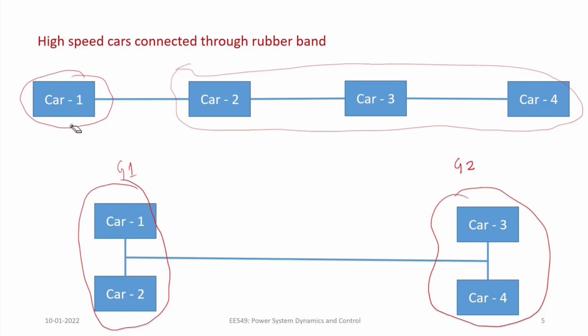So that is called the damping torque. As soon as car 1 moves away from cars 2, 3, 4 because of some disturbance, there is a damping torque because of the friction on the wheels of car 1. It will act to draw it back to the original position. That is the damping torque, we can say.